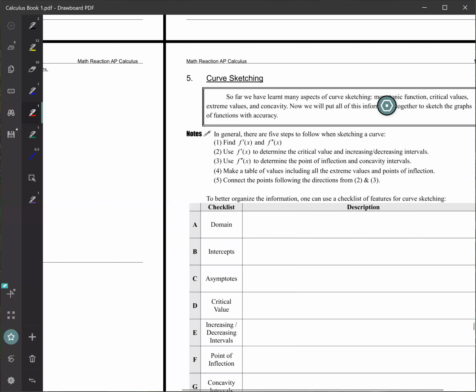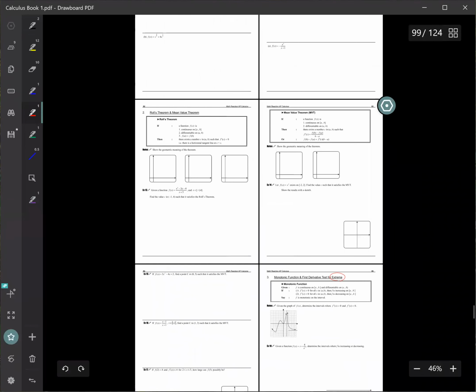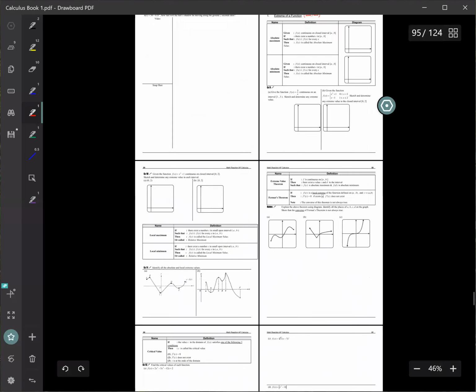So that's one of the applications of calculus. It can tell you a lot of details that the graphing calculator cannot tell you. And then that will be it. Hopefully we can cover half of it today, and then we'll save the other half for next time.